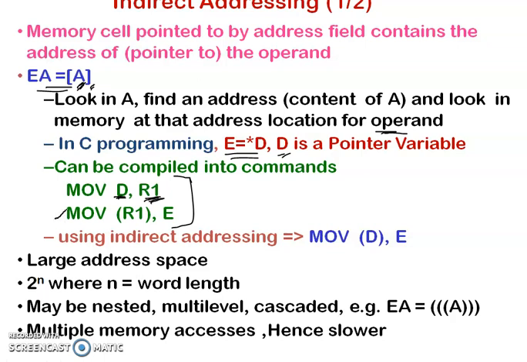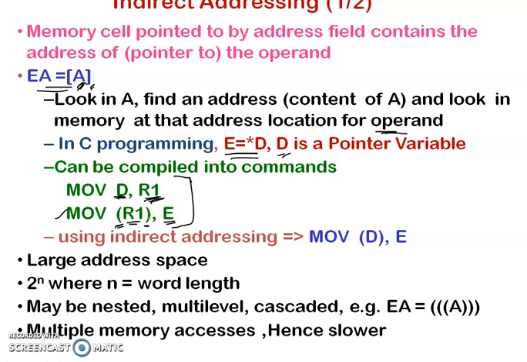Executing the next instruction, MOVE (R1), E, here the bracket is being used, which means that R1 is having one address and the content of that address will be taken and placed in E. So in order to represent any indirect addressing inside the instruction, the variable which is storing the address should be enclosed within parentheses.